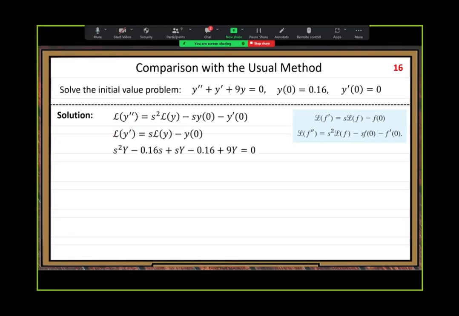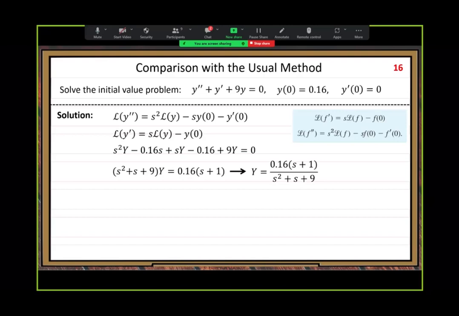Let us plug into the original equation, the Laplace transform. So we get that expression, an algebraic equation. Solve for capital Y. We can easily find capital Y. So capital Y equals this expression.